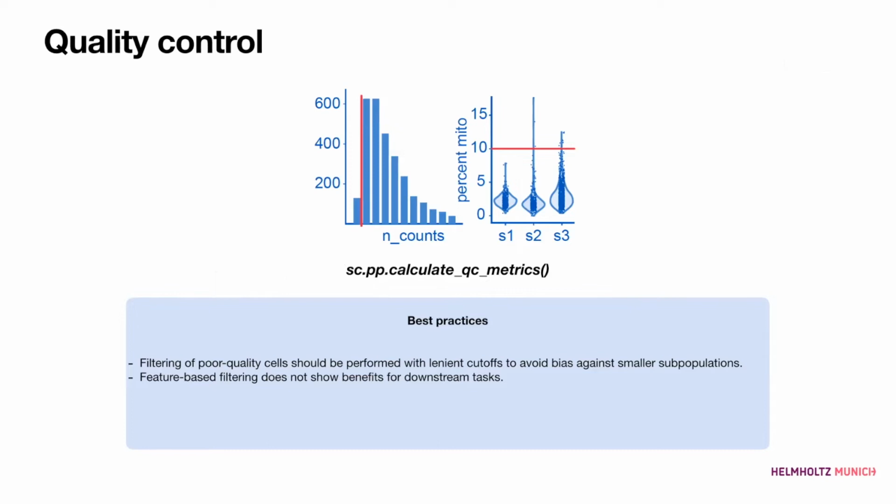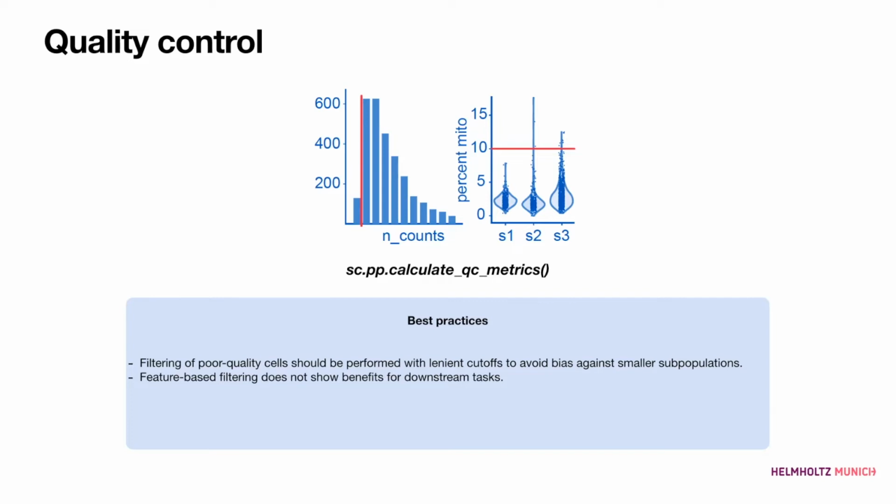Poor quality cells could be, for example, cells that have a lot of mitochondrial reads expressed, and that essentially means that these cells might have been super stressed, or they might have been already partially broken up during the sequencing process, and you may want to remove those cells because they would skew your data in a certain direction that you may not want to look at.